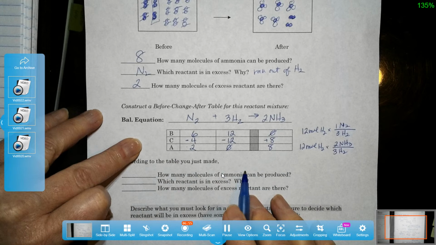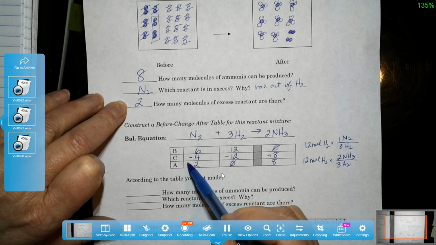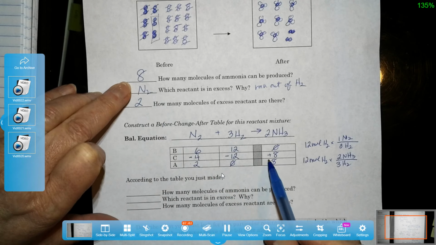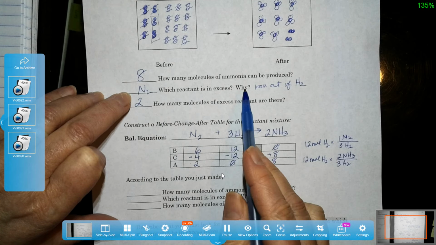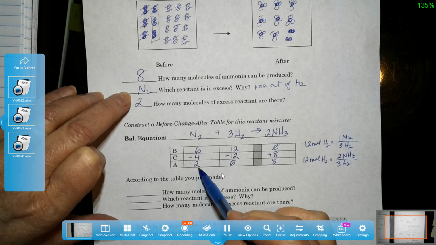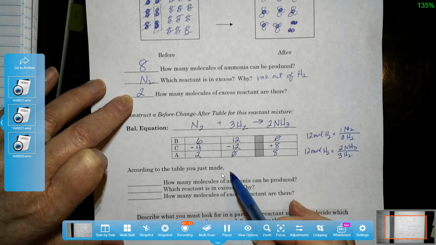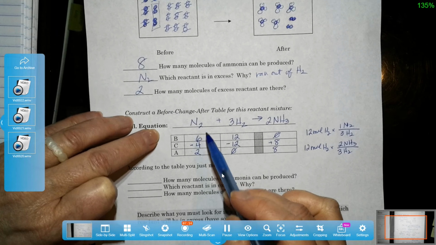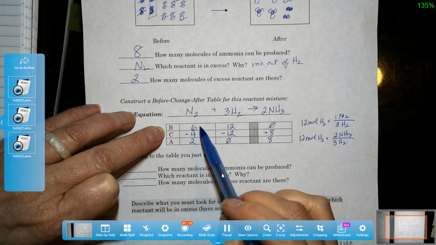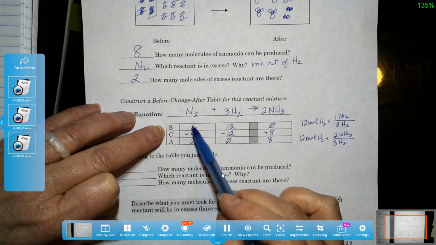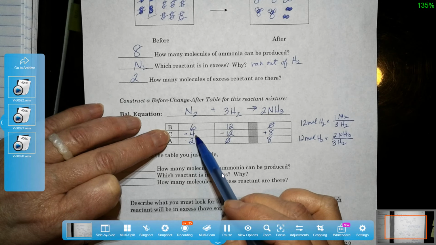So let's check that with what we figured out with our drawing. Okay, I have 8 molecules of ammonia produced, yes. Which is my excess reactant, N2, yes. And how many of it do I have? 2, yes. Okay, so when you're doing these limiting reactant type problems, you do a test to see which one is actually the limiting reactant.